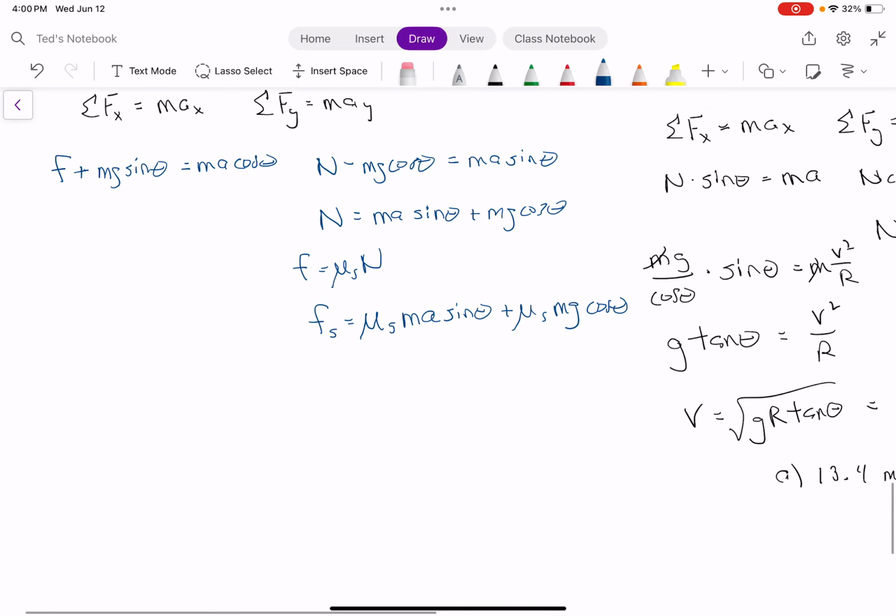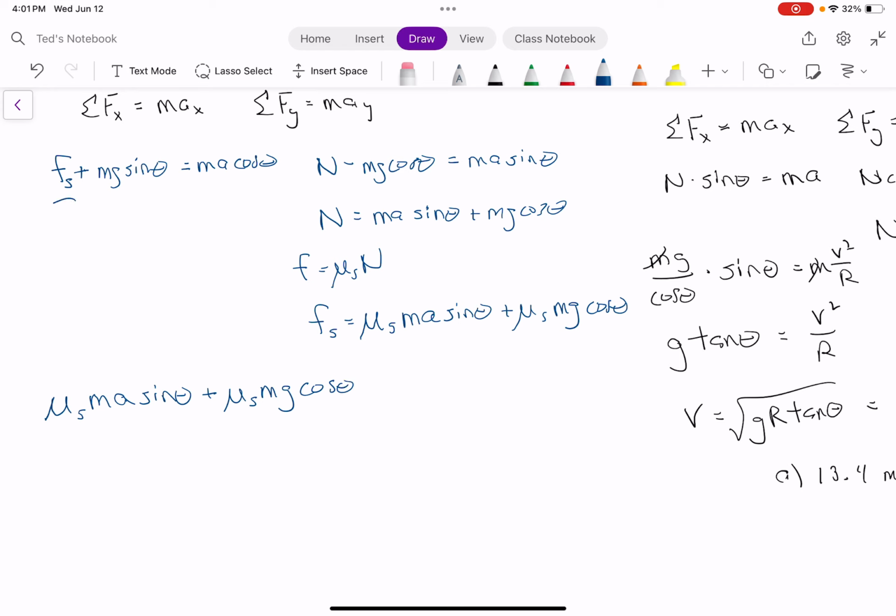Okay, so let's take that and plug it in to the x equation. So we have mu s ma sine theta plus mu s mg cosine theta.